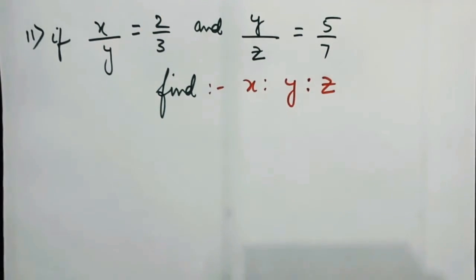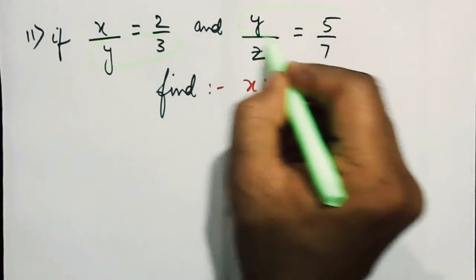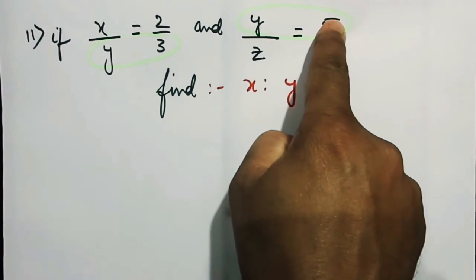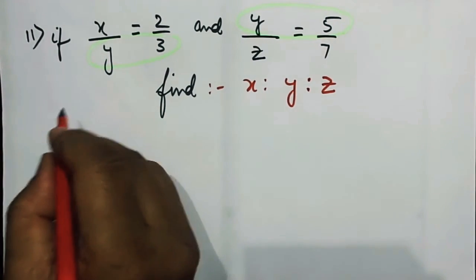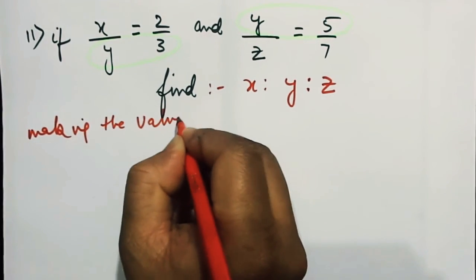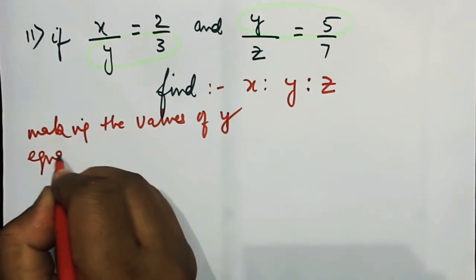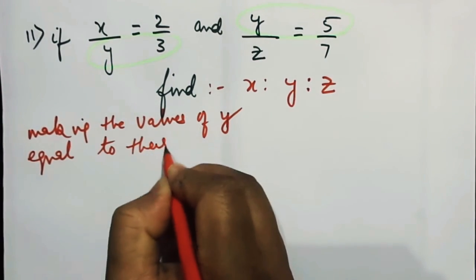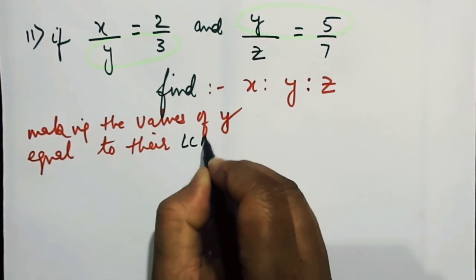I have x, I have z, and y occurred 2 times. So I am going to make the values of y equal to their LCM.